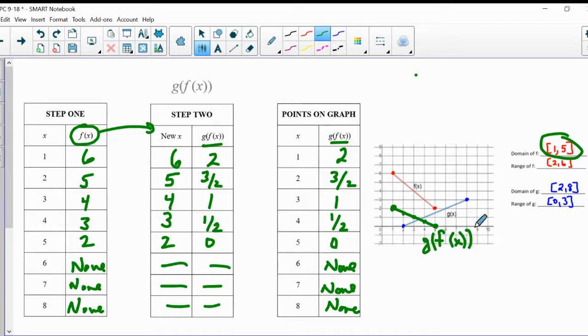Now again, it's a restricted domain, but the domain is exactly the same as f here, because I started with the domain of f, and everything that I substituted in gave me a range value that became a new domain value, a new x value, such that I got a point on g of f of x.